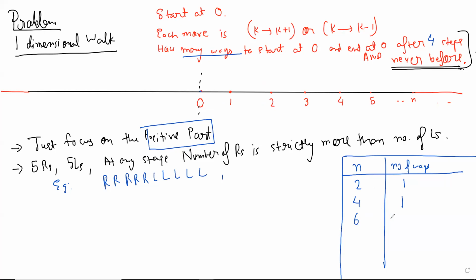Say. There are 2 ways. This is not 1. Yeah, there are 2, right? What are the 2 ways? This is definitely one, like this. What will be the other way? Or is there another way?